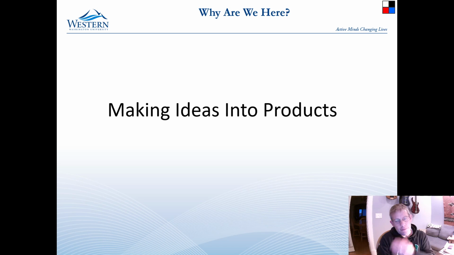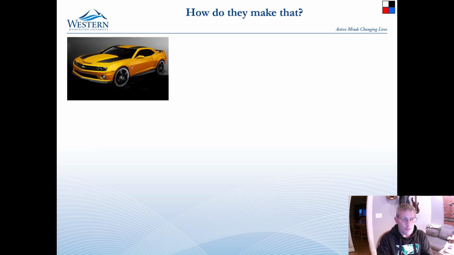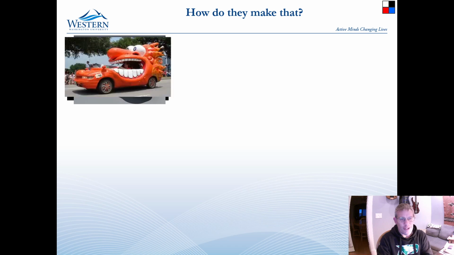So starting out, our purpose of the class is to look at making ideas into products, and specifically the metal part of products, or using metal to make the products that we're going to be making. There are all kinds of things that we might want to make, cars of the future or cars of the past.